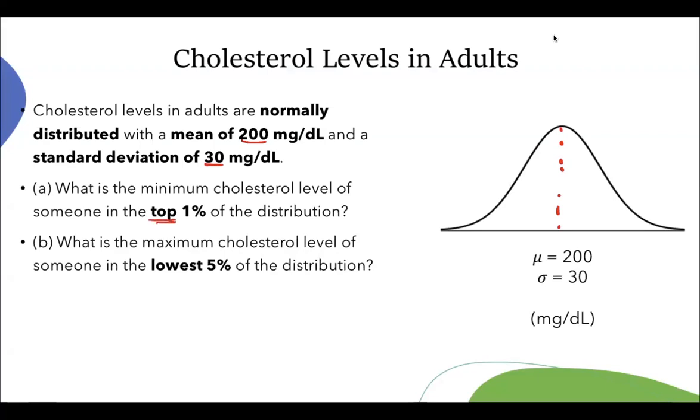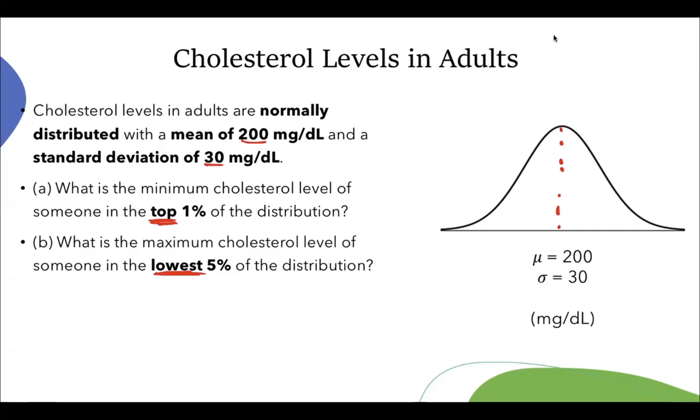So when we hear top, we're thinking rightmost part of the distribution. And when we say lowest, we're looking at the left side of the distribution. It got a little tricky when we were talking about reaction time.